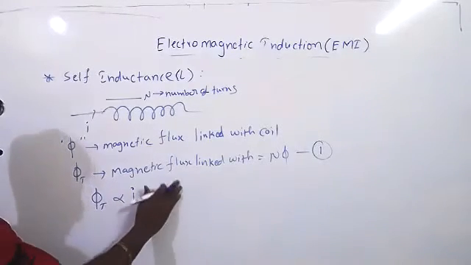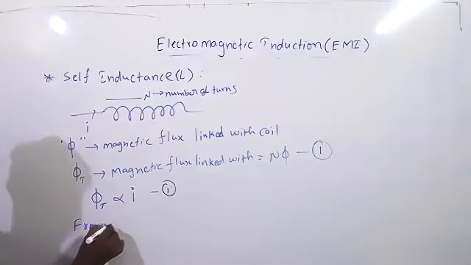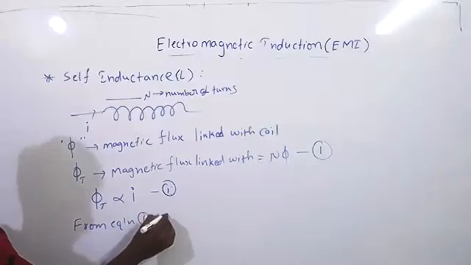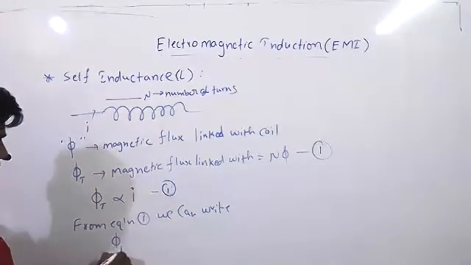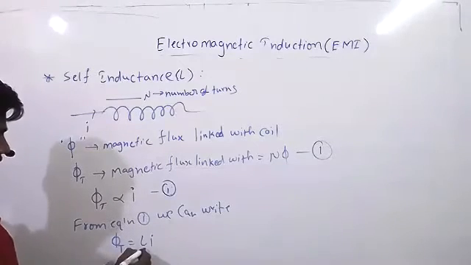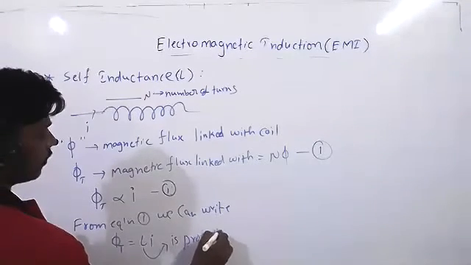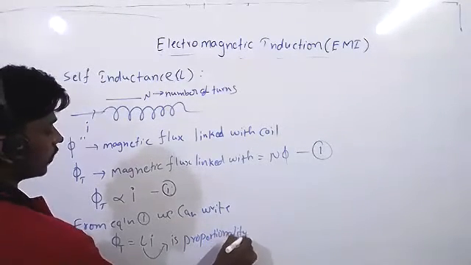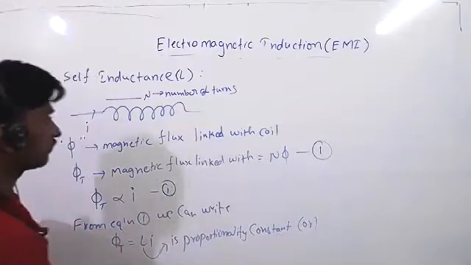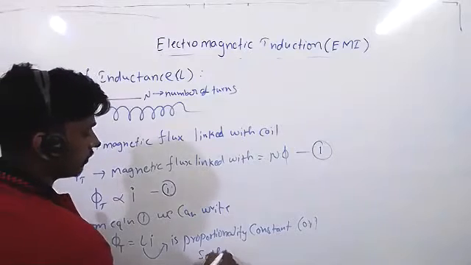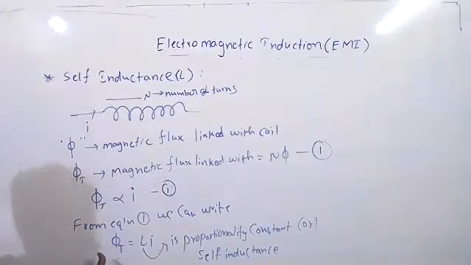Take this as equation 1: total flux equals N phi. From this, we can write total flux proportional to I. Here L is the proportionality constant, or self-inductance.